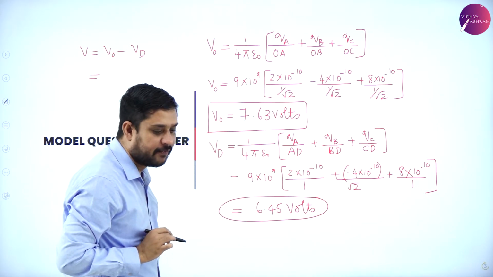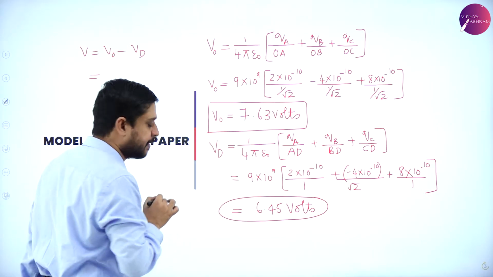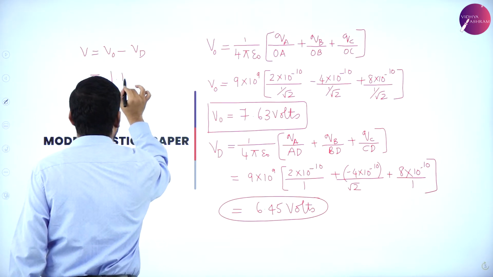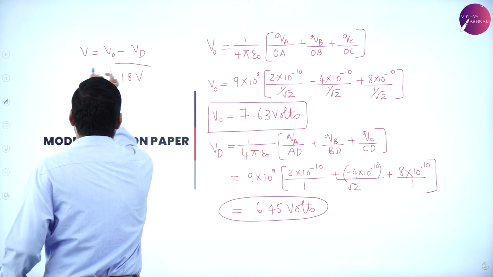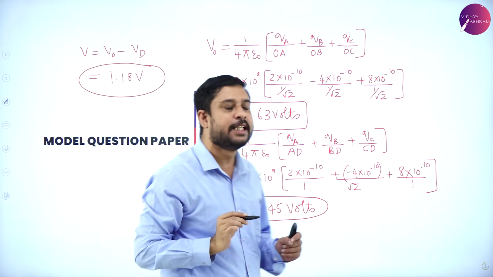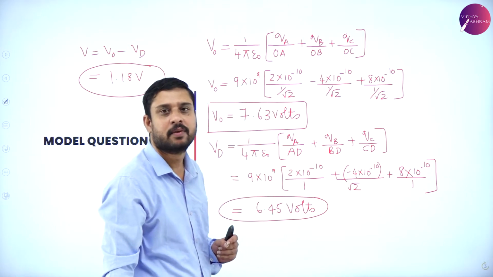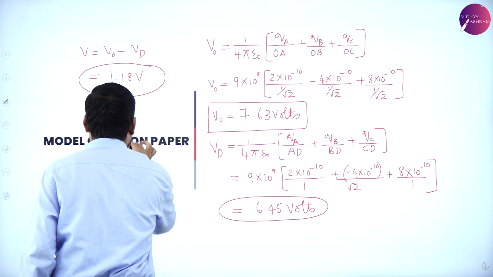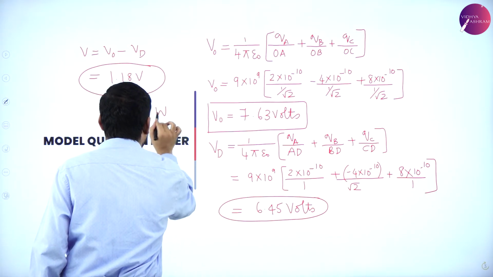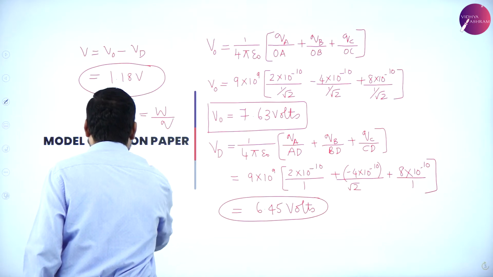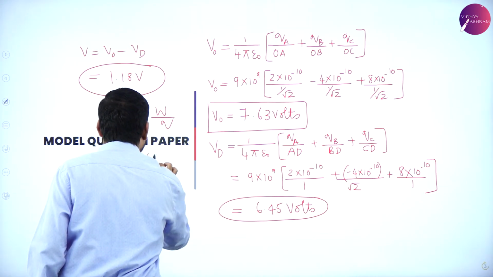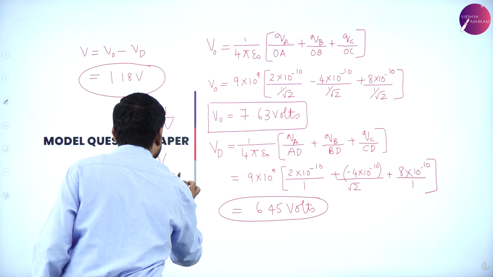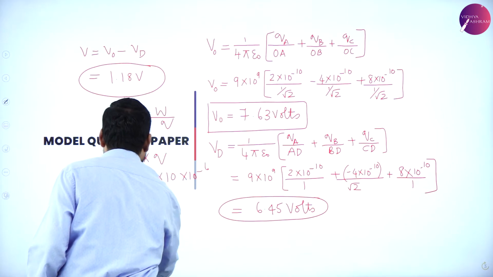Now, therefore, the potential difference between the 2 points, VO minus VD, which is 1.18 volts. So on calculating the potential difference, how do I calculate the work? We know V is W by Q. So W is V into Q. V is 1.18, Q is 10 power minus 6.